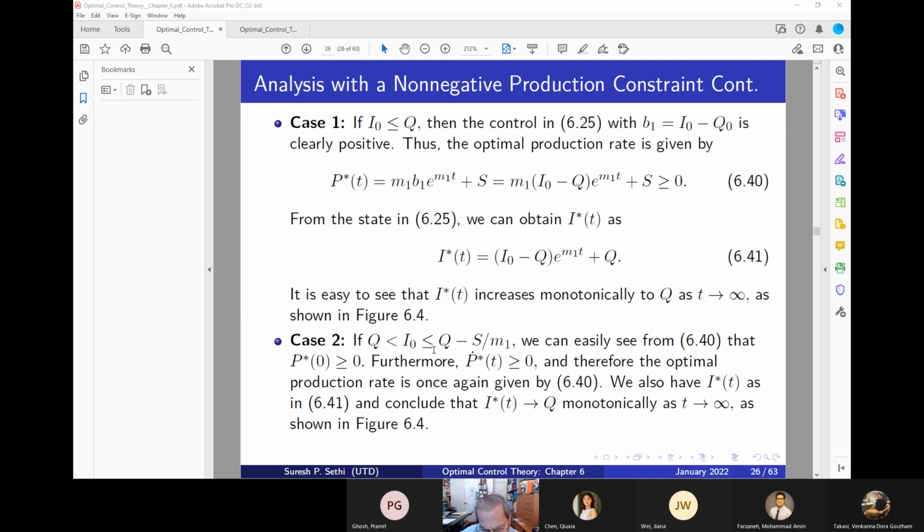So we can easily see from 6.40 that P star 0 is bigger than 0 for this case.